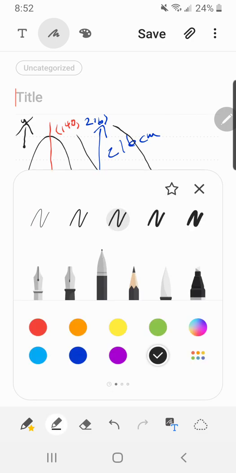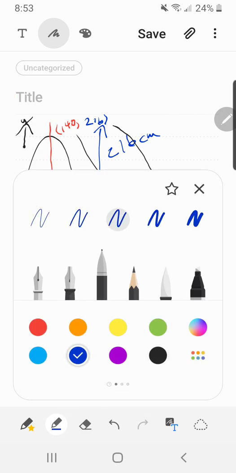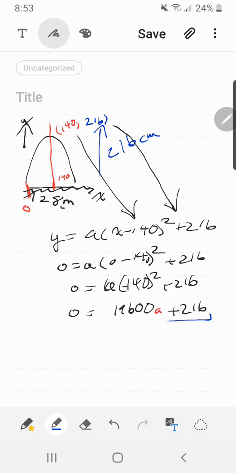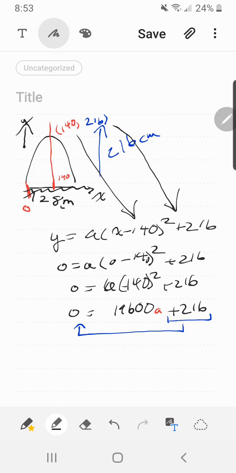So this is going to be 19,600, and I'm going to write this with a big letter A in a different color so that I know I'm not going to go and add 216 plus 19,600, which is incorrect. So now that I have that, I go plus 216 here, and I got a 0 here. Now you see this 216 is a plus, and we need to move it over to the left side. So now we've got 0 minus 216.